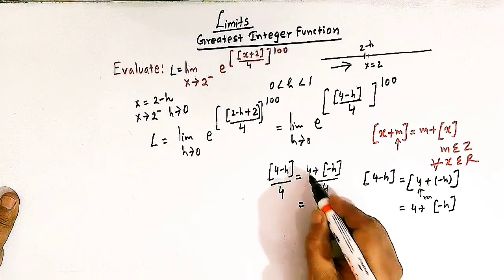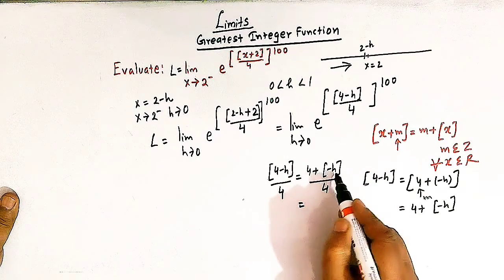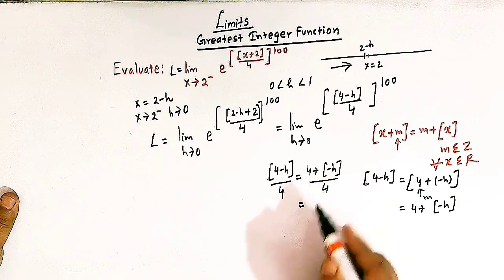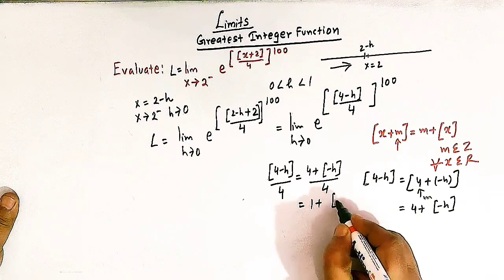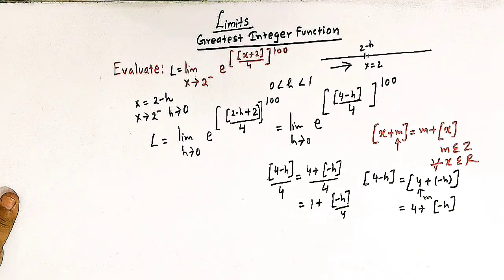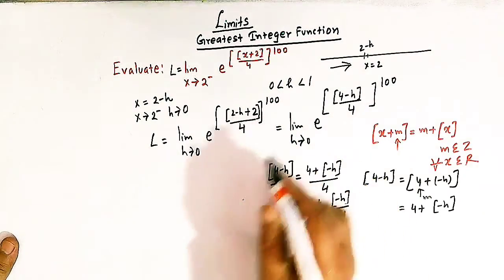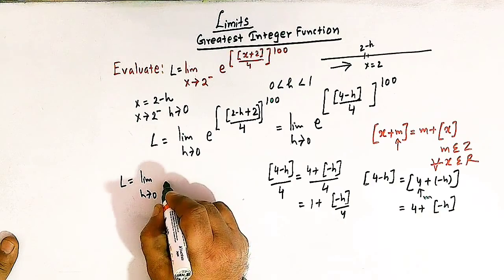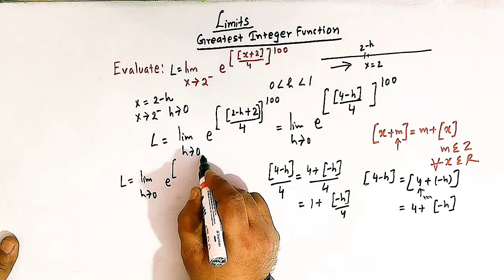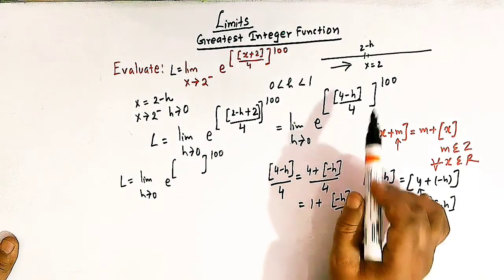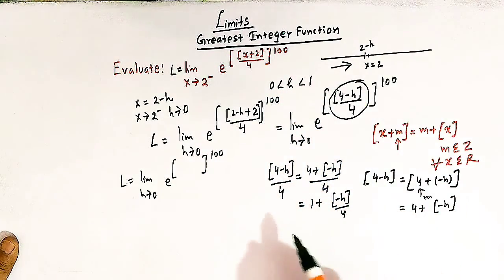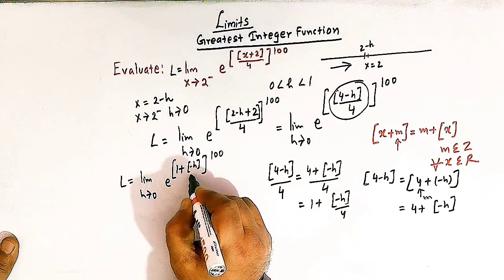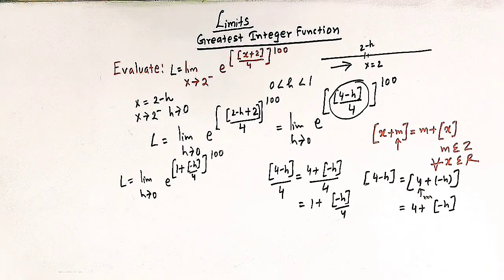And now we can separate these two terms, so we have 1 plus greatest integer of minus h over 4. So now this limit L takes the form limit h tends to 0, e raised to greatest integer of 1 plus greatest integer of minus h divided by 4, raised to 100.